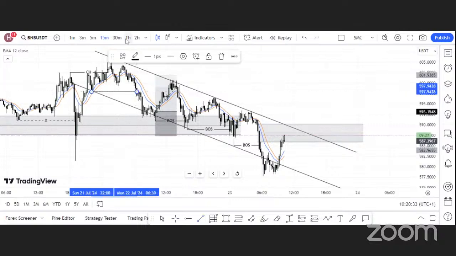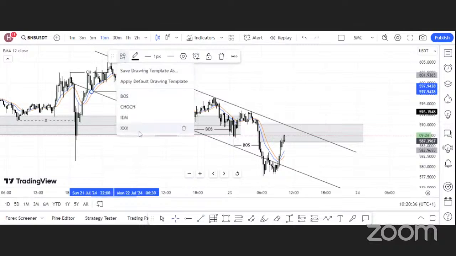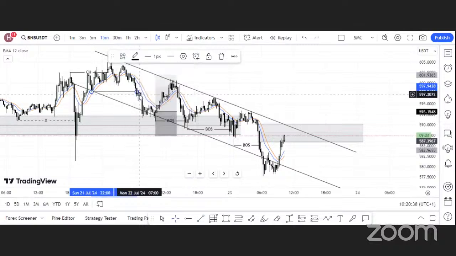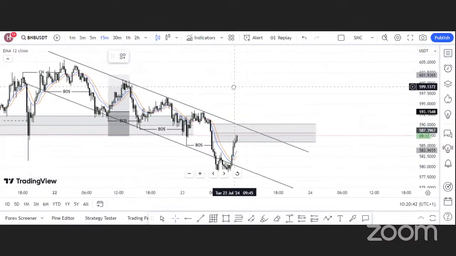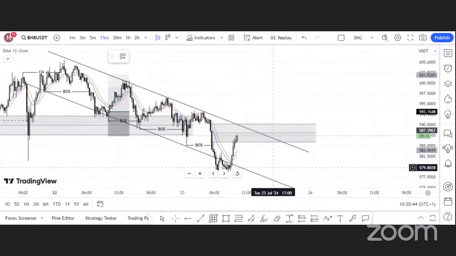Trust me, this strategy will change your way of trading. And if you want to get the best out of this strategy, I always advise focusing on one pair.